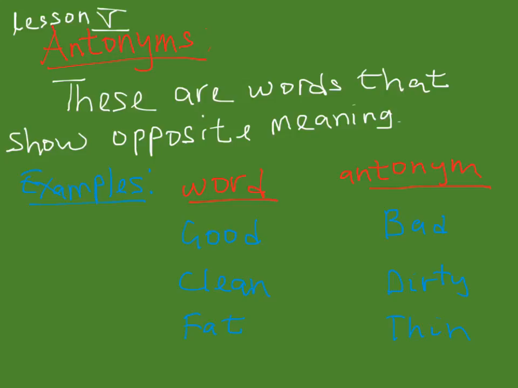So instead of saying my teacher is an ungood man, or my teacher is a disgood man, which is wrong, you will say my teacher is a bad man, and not an ungood man. You will not say it's an ungood man and a disgood man. It sounds funny. I'm sure you can laugh at that.